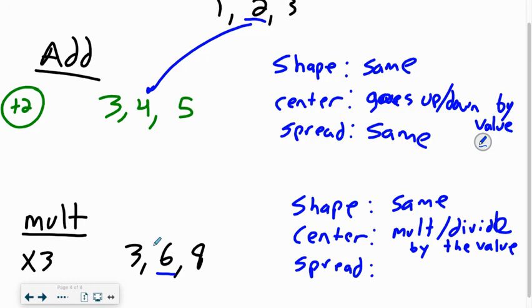So the spread also increases, gets multiplied or divided by the value. Now with a small data set like this, you probably don't need those shortcuts, but if you have a larger data set where you're adding numbers or multiplying numbers, you can talk about the center of the new data set much easier by just using these rules.